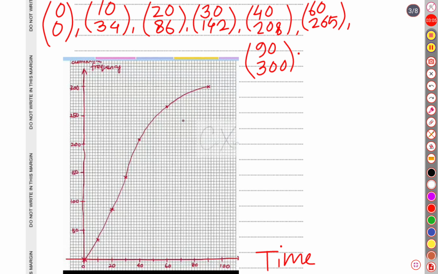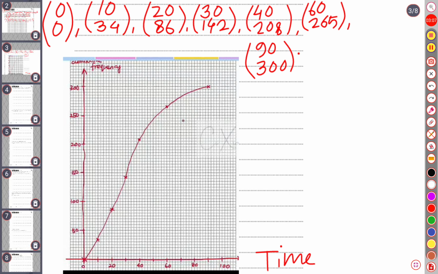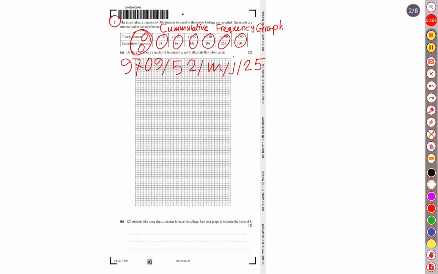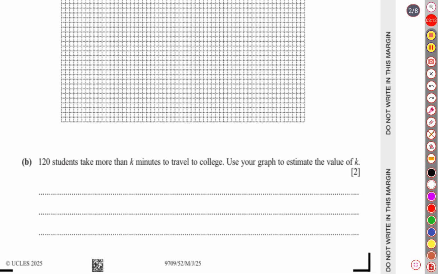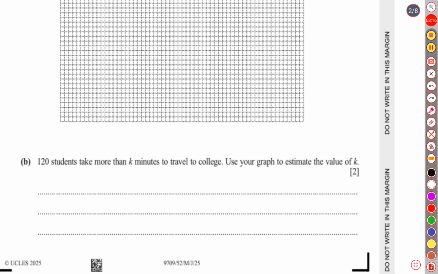Now let's see what question B says. It says that 120 students take more than k minutes to travel to college. Use your graph to estimate the value of k. Here there is a common concept where we make mistakes. 120 students took more than k minutes, so it is actually the upper side of the graph.